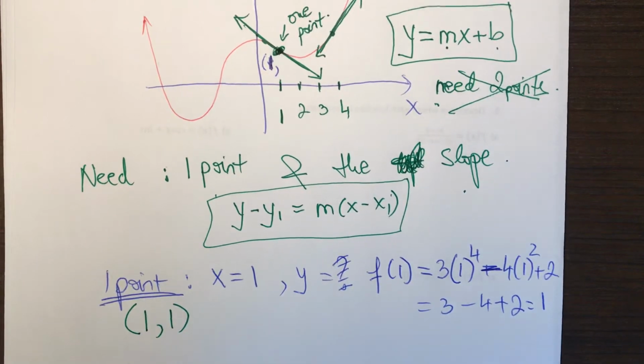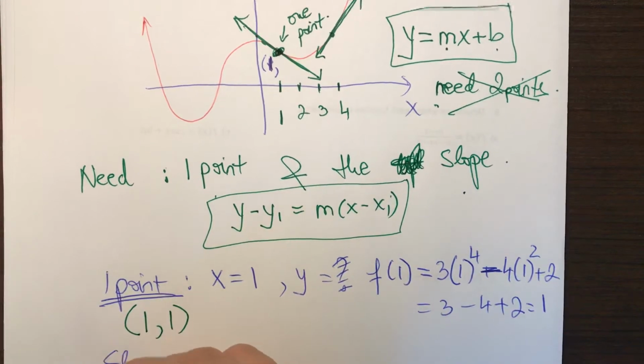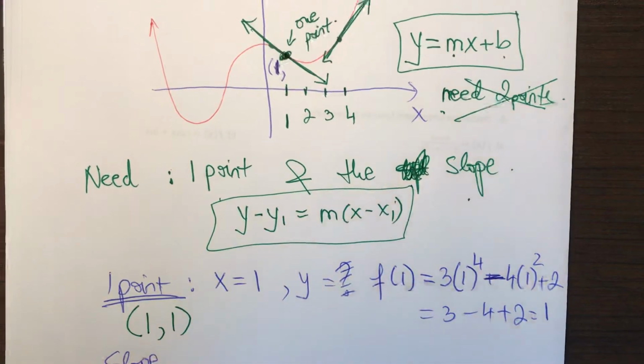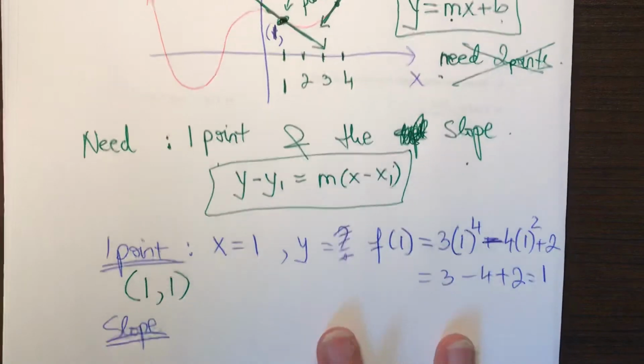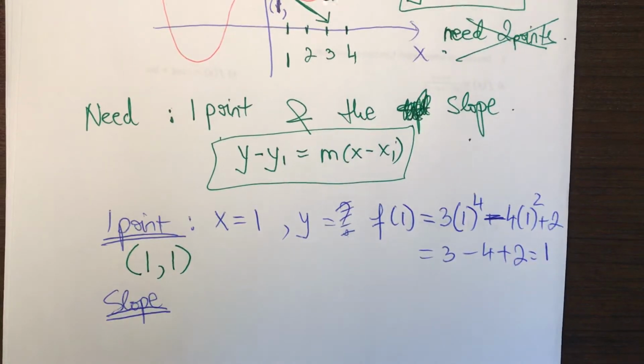Yay. Great. What about the slope? How do I find the slope of this tangent line? Well, that's exactly what we have learned in 1.2 and still practiced now in 1.3.